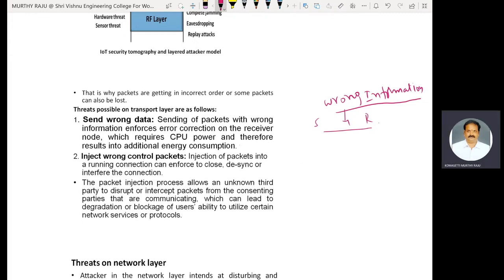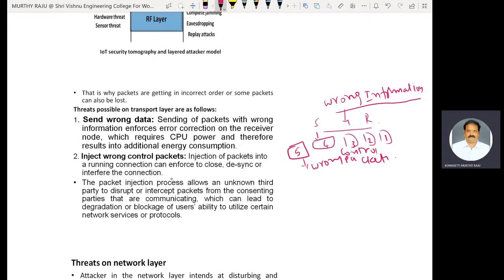Second one, inject wrong control packets. Injection of packets into a running connection can enforce a close, desync, or interference with the connection. Suppose the data is divided into segments numbered 1, 2, 3, 4 at the source side, and some wrong control packets, for example numbered 5, are unwantedly injected.